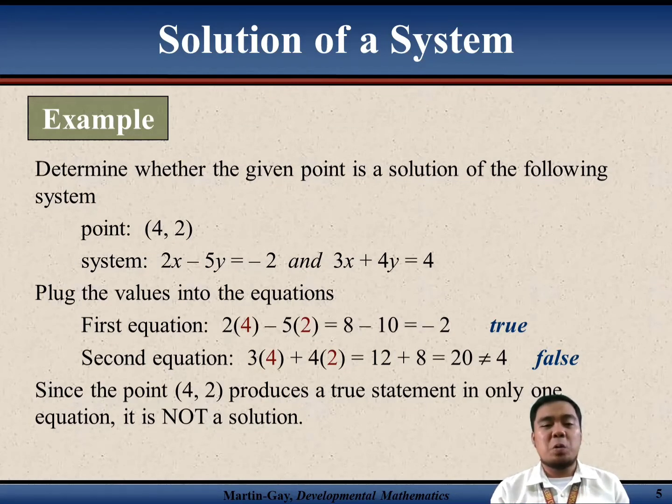But in the second equation, the ordered pair 4 and 2 does not satisfy our equation. So we can conclude that 4 and 2 is not a solution of our system, 2x minus 5y is equal to -2 and 3x plus 4y is equal to 4.